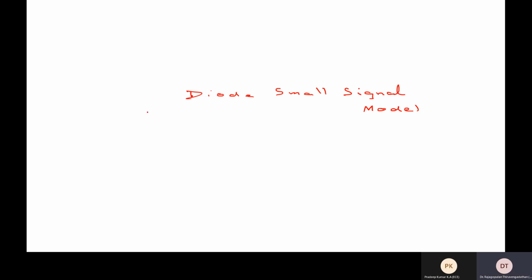Those models have come essentially because we want to perform linear analysis of the circuit.